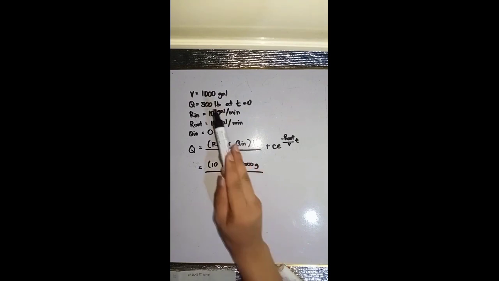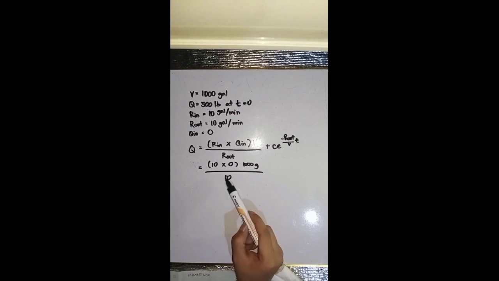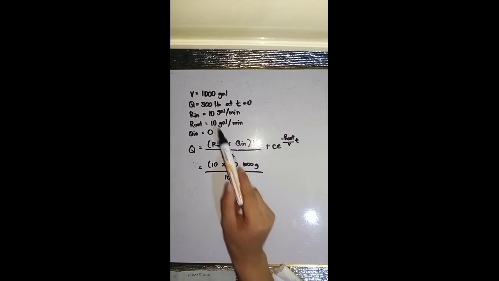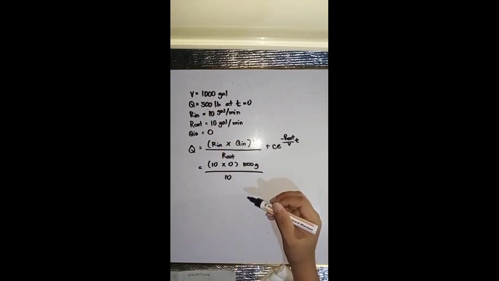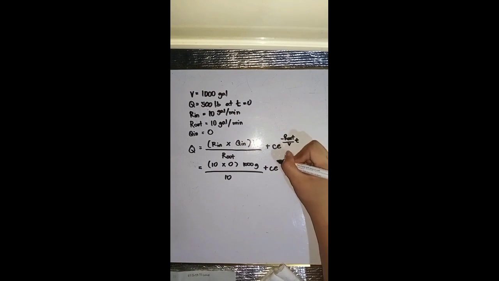After that, we will add C e raised to negative R out, which is negative 10, over V, which is 1000 gallons of brine, multiplied by T.